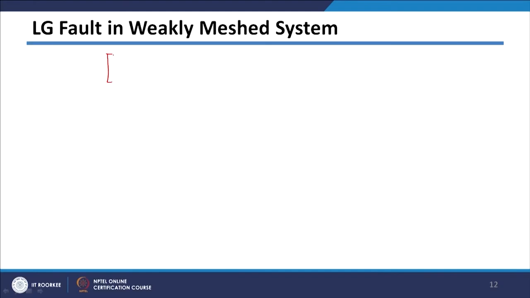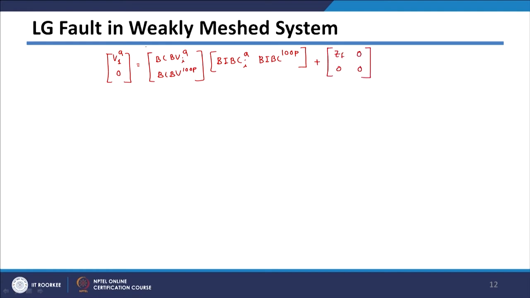On this side it is V1A 0, which is equal to BCBV corresponding to loop forming branches, which is getting multiplied with BIBC corresponding to A phase and BIBC corresponding to loop forming branches, plus ZF 0 0 0, and since we are taking common out from both the terms, it will be I, fault current in A phase and loop forming branches.